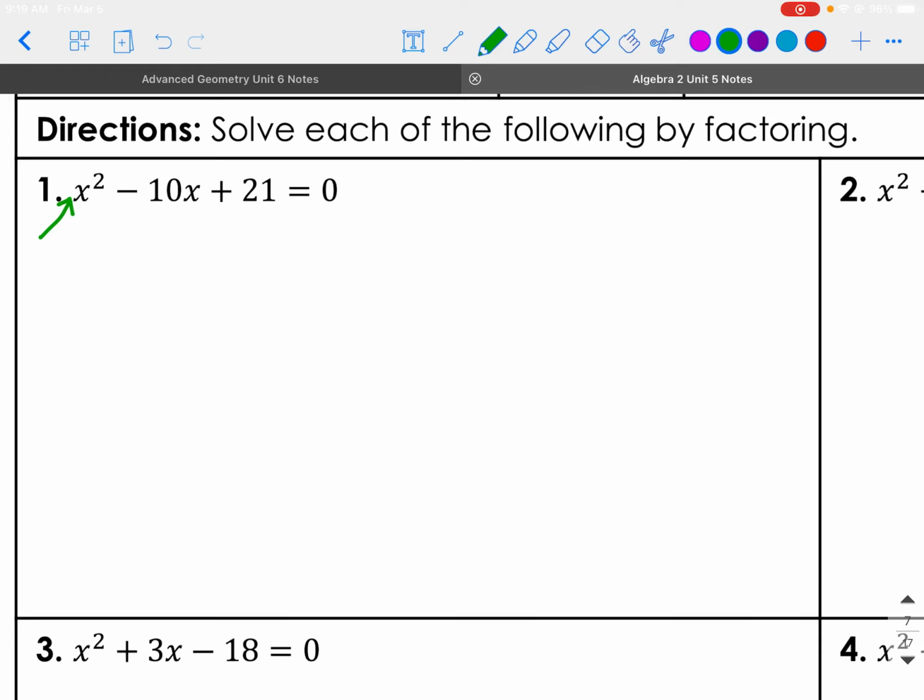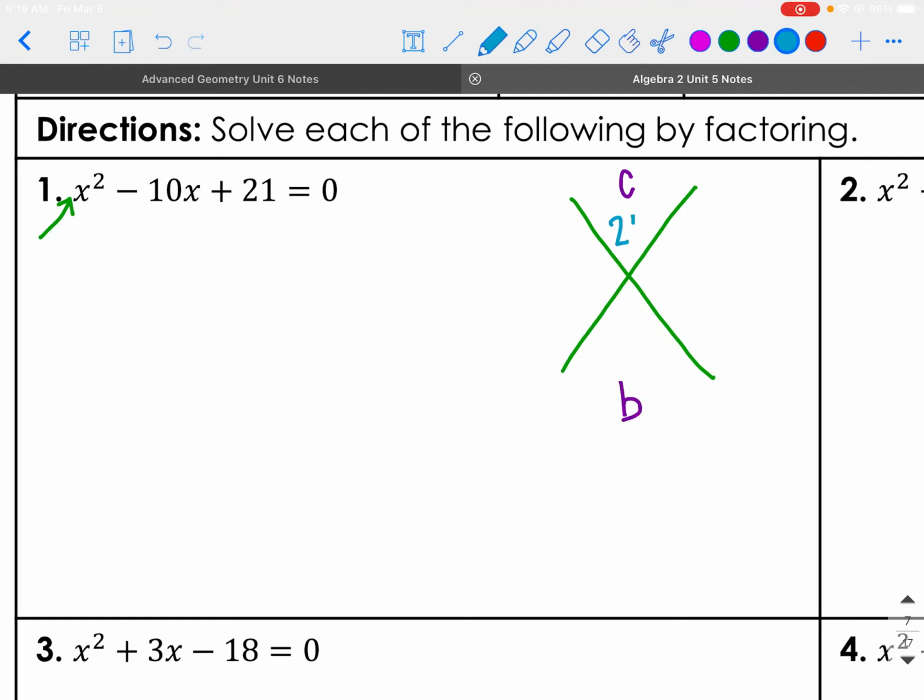So let's make an x, a big X. On top of the x, we're going to put our c. On the bottom, we're going to put our b value.